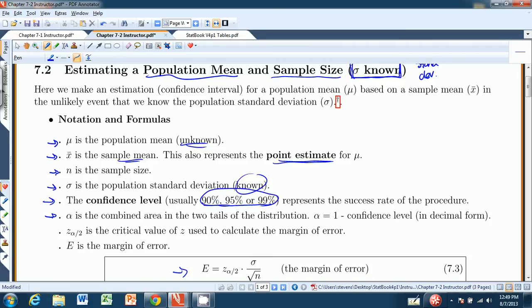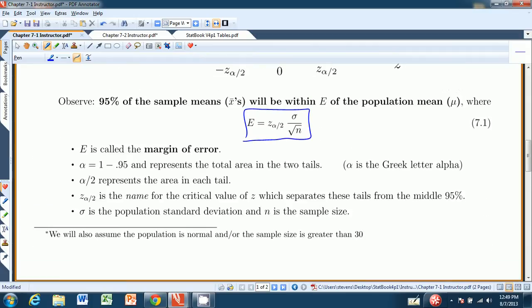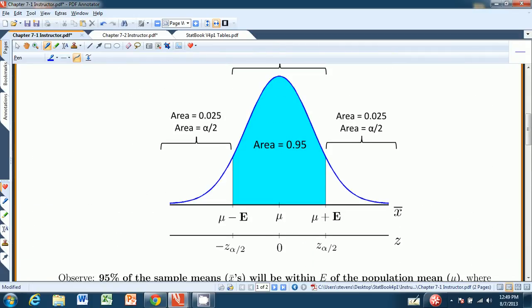It also represents the area in the tails. If you go back to developing one of these confidence intervals, alpha represents the combined area in these two tails, right? So if we have the middle 95% here for a 95% confidence interval, alpha is 0.05. And if you divide that in half, that's the area in each tail, right? Okay.